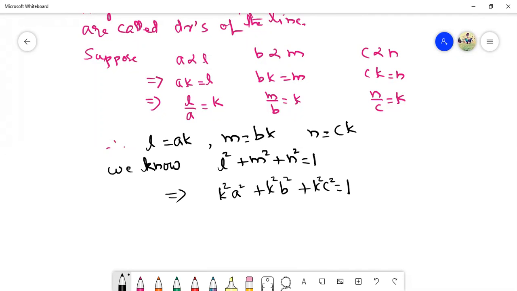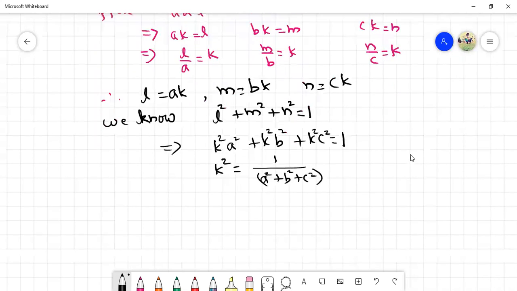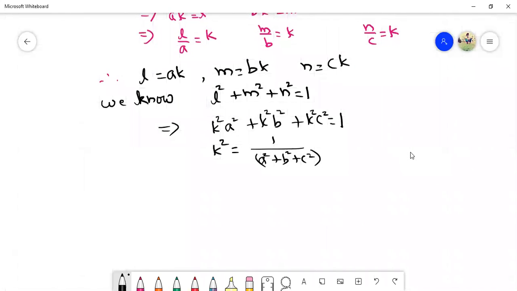K square is common, so K is equal to plus minus 1 by under root A square plus B square plus C square. This is the value of K.